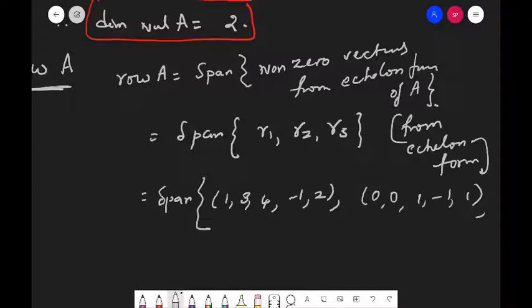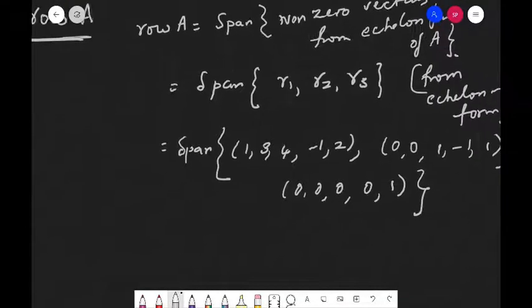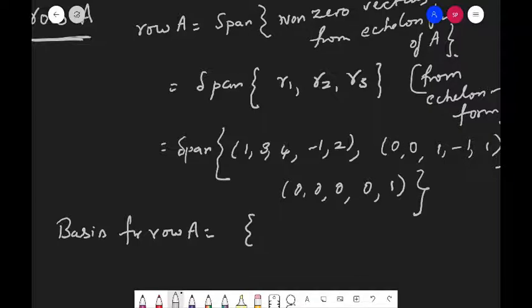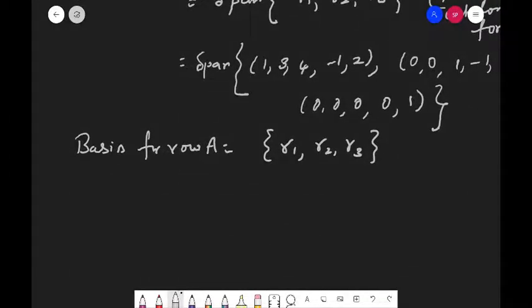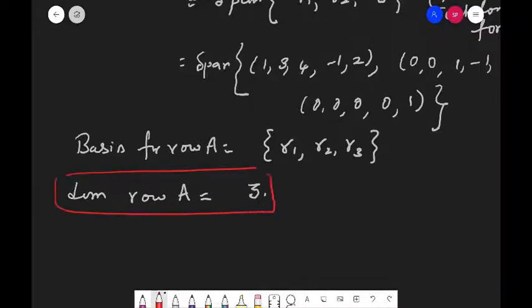And the third row is 0, 0, 0, 0, 1. So the basis for row A is R1, R2, R3 from the echelon form, and the dimension of row A is the number of vectors, which is equal to 3.